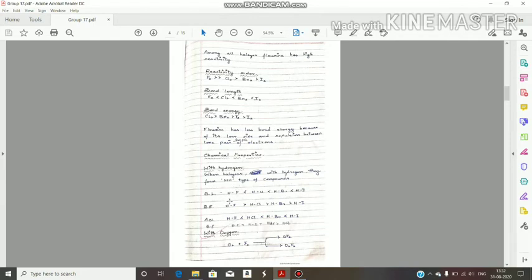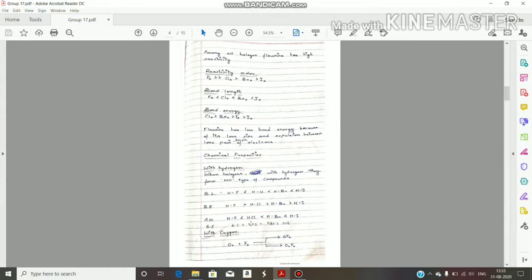Because of the tendency of hydrogen bonding exhibited by HF, it has the highest boiling point. After that HI, then HBr, then HCl. Why does HF exhibit more boiling point compared to HI? HF exhibits hydrogen bond, so it is having more boiling point.